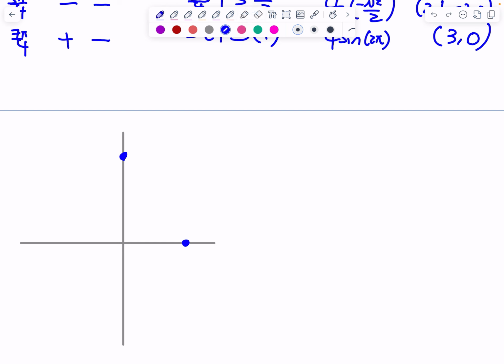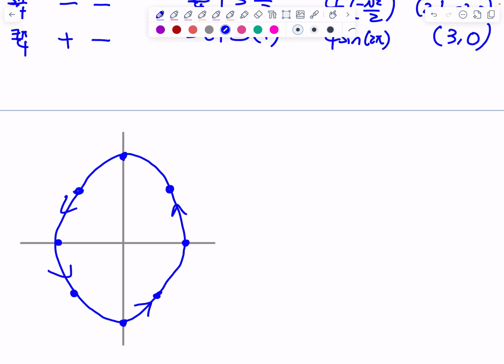Is that symmetrical enough? Yep. And then negative 4. So it should go this way. This is the orientation. And then for the pi over 4, I'm trying to make the ellipse look nice. And then for the pi over 4 and the 3 pi over 4, you have a point right there. And you know that it is going this way. Then that is the orientation.